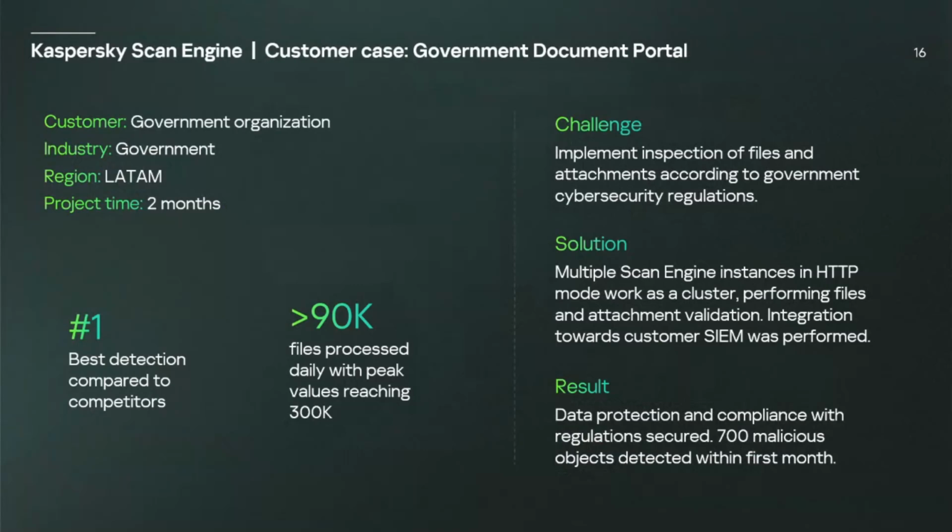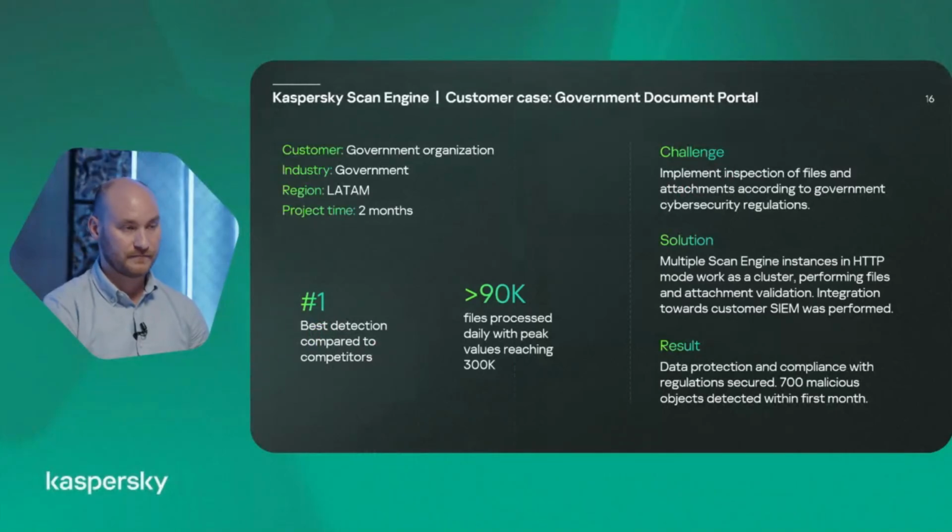And also, as part of the project requirements, integration towards the customer's CM system was performed. So by using Scan Engine in this project, the customer project team achieved data protection and compliance, and over 700 malicious files were detected within 1 month only.